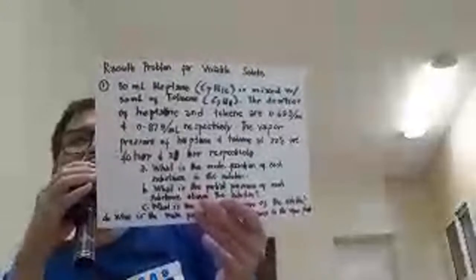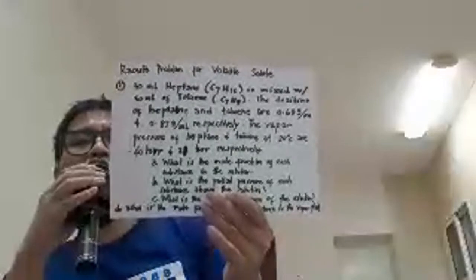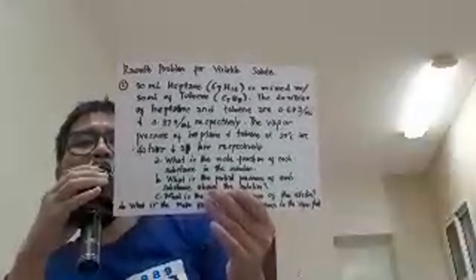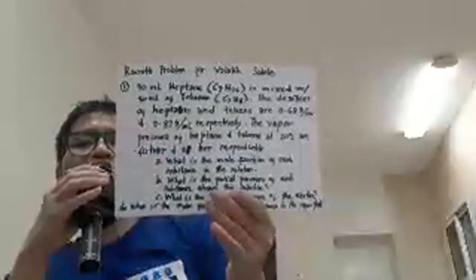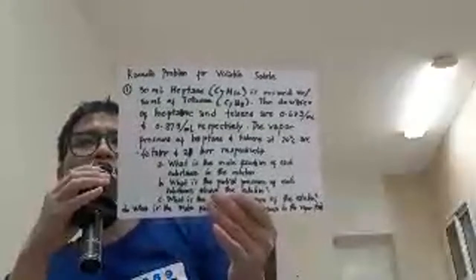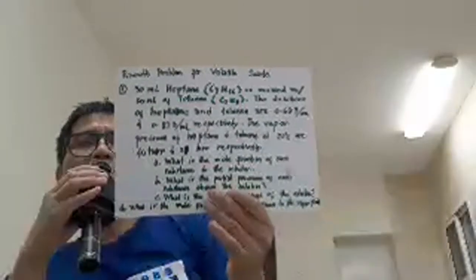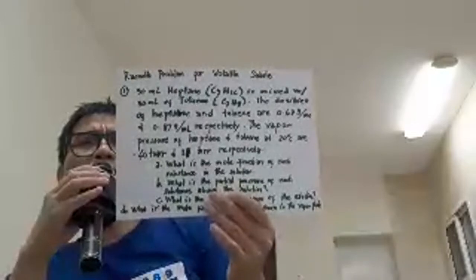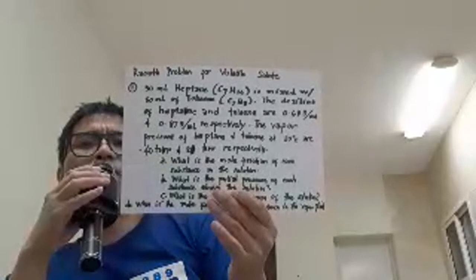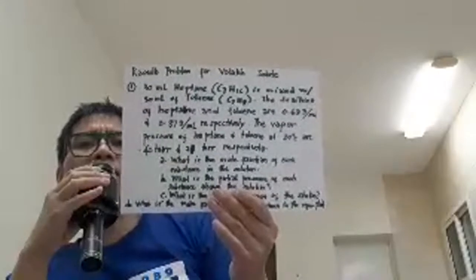I will give you 15 minutes to record the given information and what is required in this particular problem. What we're trying to do is list all the given variables, for example the volume of components A and B, the densities of components A and B, and the vapor pressures of components A and B. There's no issue with temperature; the temperature remains constant in Raoult's law.